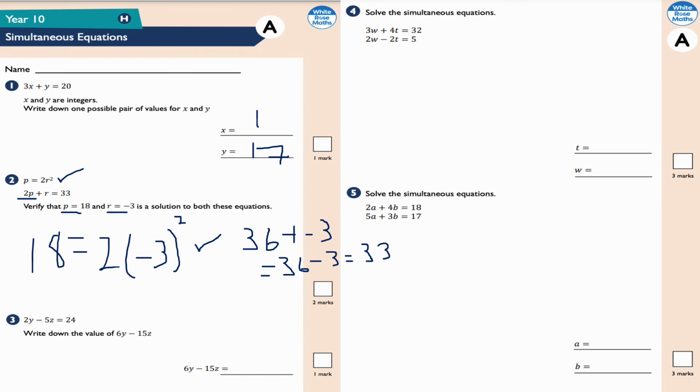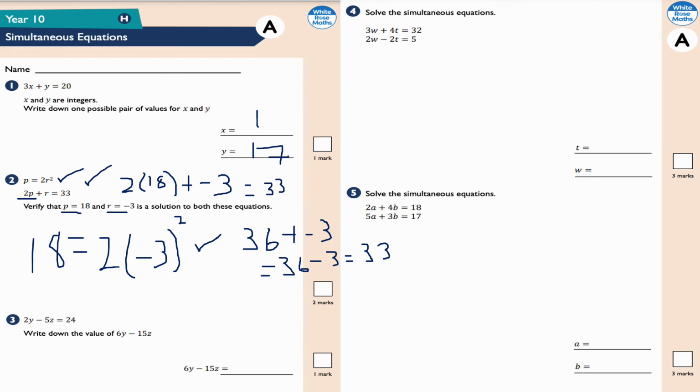When p is 18, 2 lots of 18 is 36. Then I'm going to subtract the 3 because I'm adding on negative 3. A plus and a minus goes to a minus. That does give me the answer of 33. So that is true.